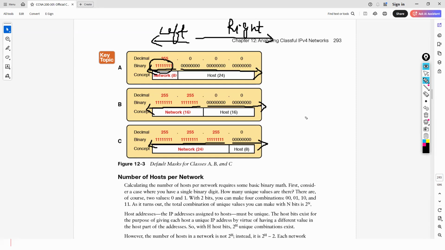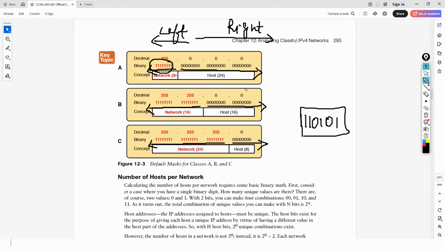There is no combination of ones and zeros, like 1 1 1 0 1 0 1. There is no such combination in the address mask. Address mask, not IP address. As I said, with the address mask only, your networking device will find out what is a network part and what is a host part.